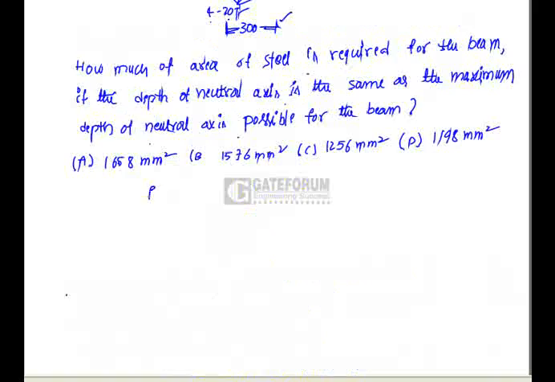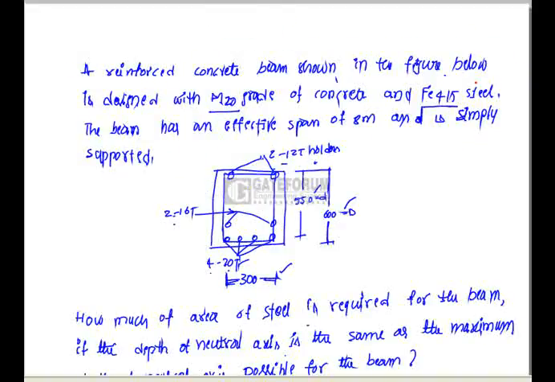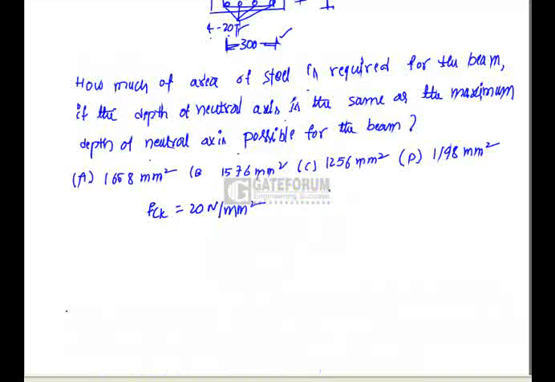So fck is equal to 20 Newton per millimeter square, and Fe415 steel is used. So fy is equal to 415 Newton per millimeter square. What we have to find out is how much area of steel is required for the beam if the depth of neutral axis is same as the maximum depth of neutral axis.